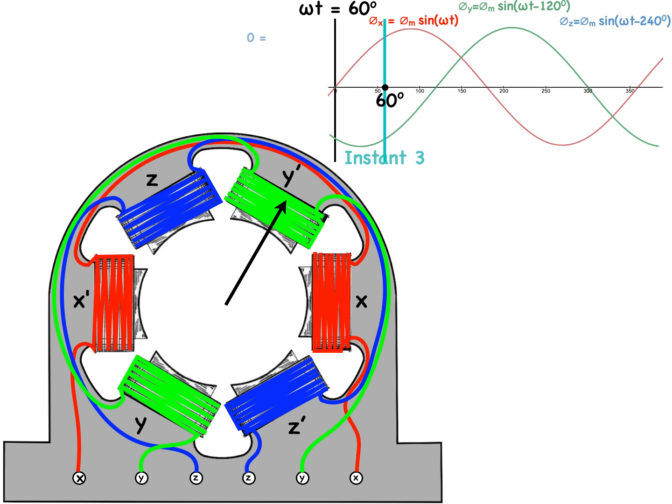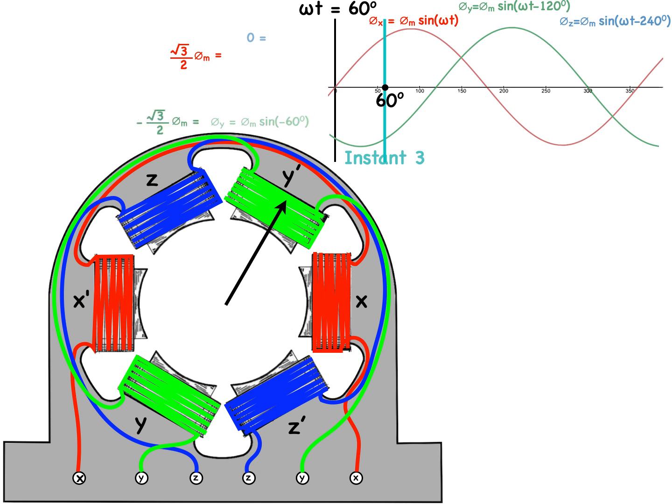Since the blue flux phasor is 0 degrees at this point, we will leave it out of the calculation. The red flux phasor at 60 degrees is root 3 all over 2 phi m.